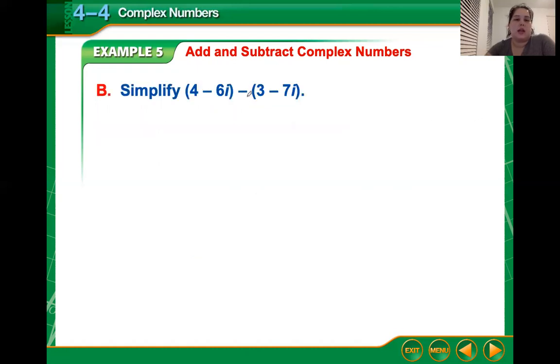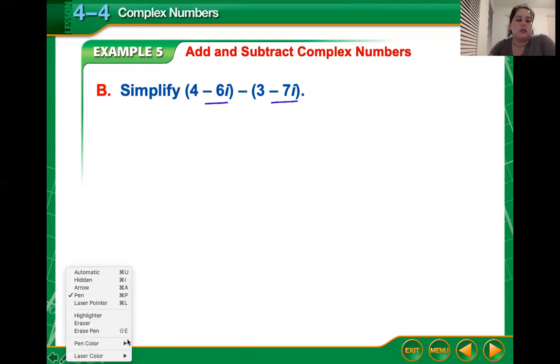Next, we're going to go ahead and subtract. Again, we're going to do imaginary with imaginary and real with real. And one of the key things we do need to remember here is that we are subtracting.